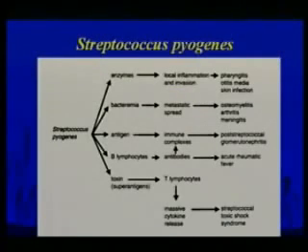Strep pyogenes, this is a sort of pathogenesis slide that I put together. And I just marvel at the diversity of these organisms and the strategies that they've evolved. Enzymes causing local invasion, pharyngitis, etc. Bacteremia with metastatic spread, osteomyelitis.